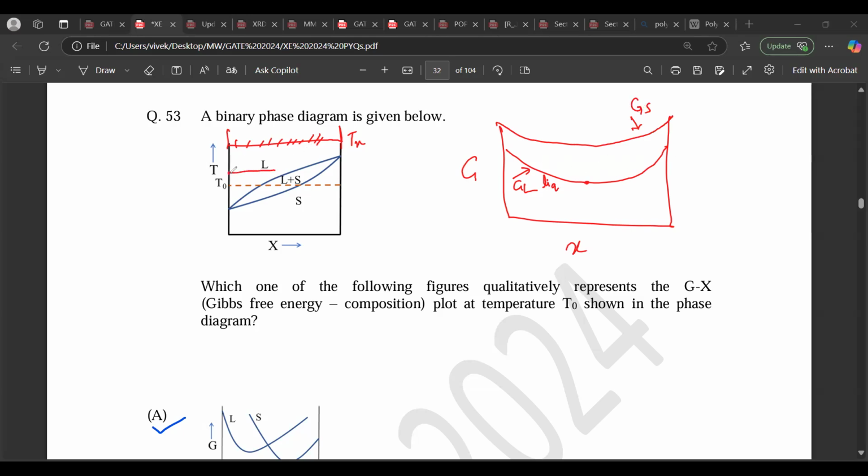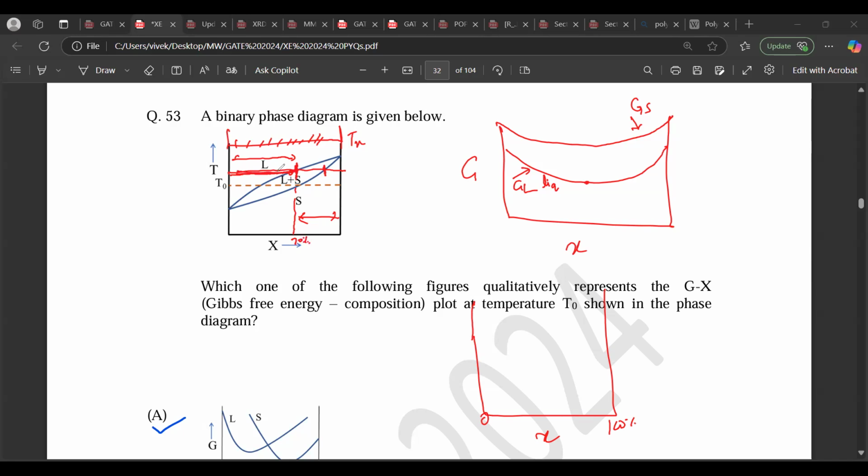Now let's go to a temperature where the line is crossing the liquid plus solid region slightly on the right side of the composition. It means it is slightly lower temperature, as simple as that. In that case, start walking with me. This is the X, this is 0, and this is 100. Right now it is liquid, liquid, liquid, liquid, all the way till here. Let's say this is 70%.